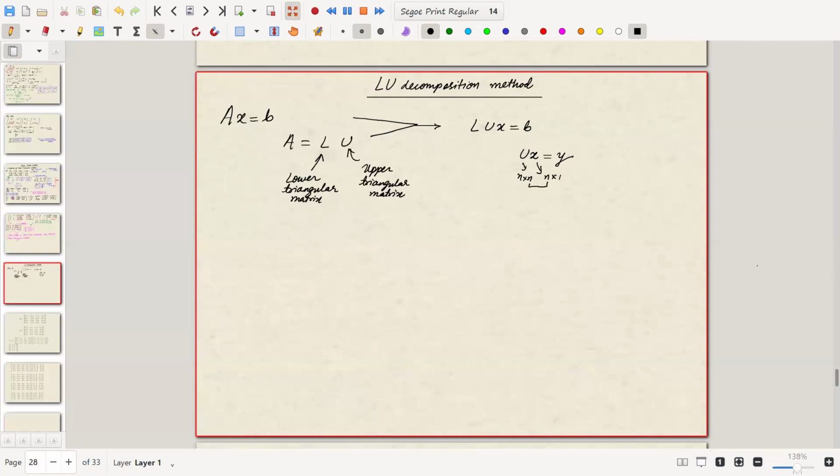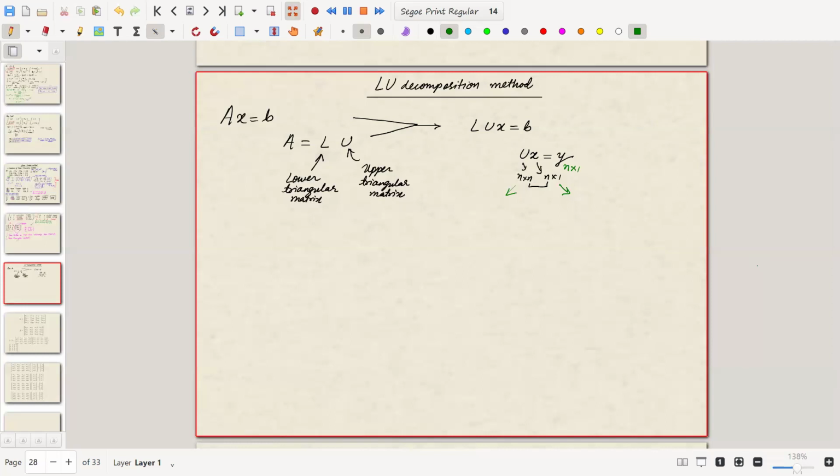Then what is the size of the resultant multiplication? It should be the other remaining parts, that is this and this. So what should be the size? N cross 1, n rows and one column. Is it a vector or a matrix? It's both, but technically it's a vector. So therefore I'm writing Y.